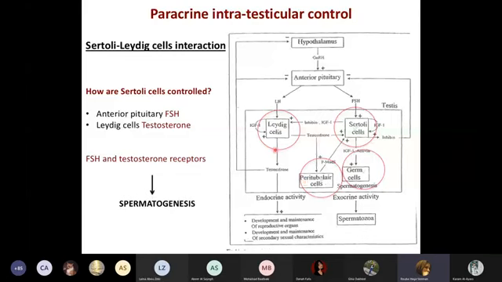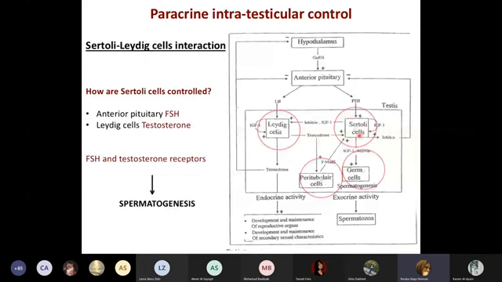If we are talking only about these four, they are very neighboring to each other, so it is either paracrine or sometimes autocrine, where the cell can respond to itself. For example, the activin and inhibin that act on Sertoli cells themselves. Now we start with the first one, which is Sertoli and Leydig cells interaction.